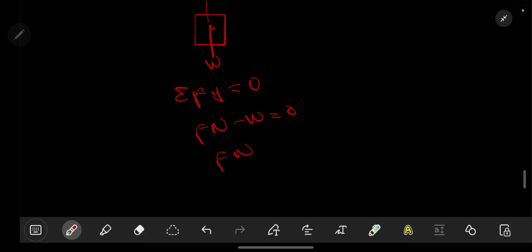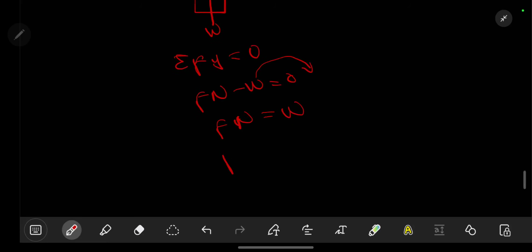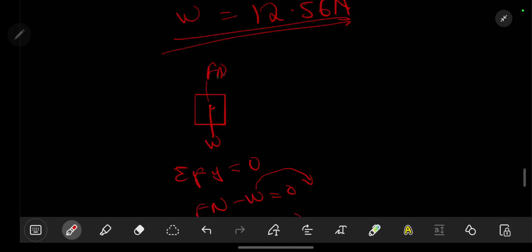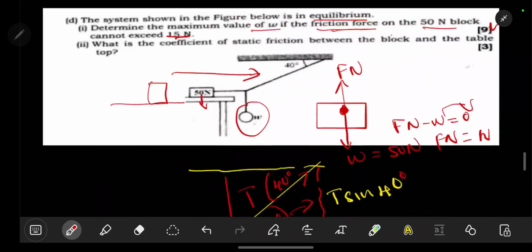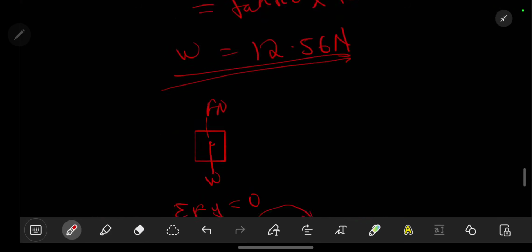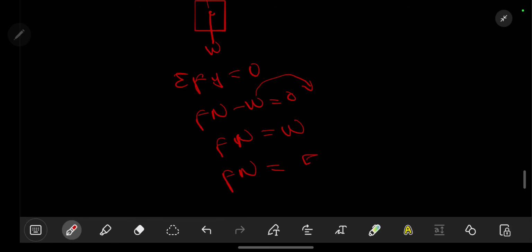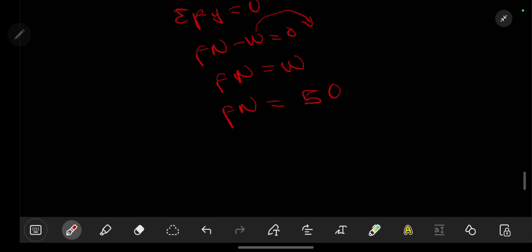When W goes to the other side, it becomes positive W, so the normal force is equal to the weight of this object, which is 50 newtons. So our normal force is equal to 50 newtons.